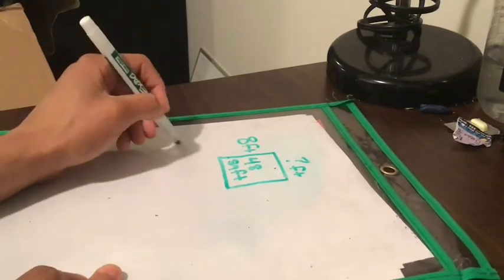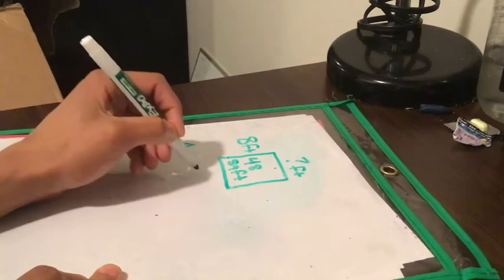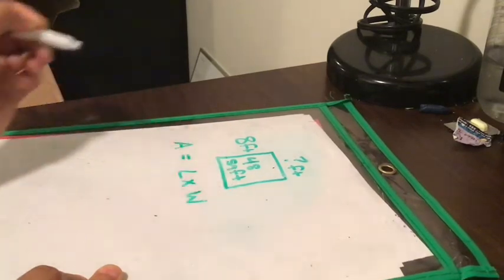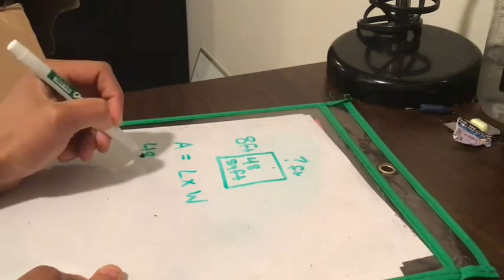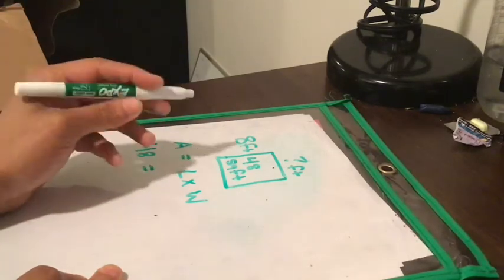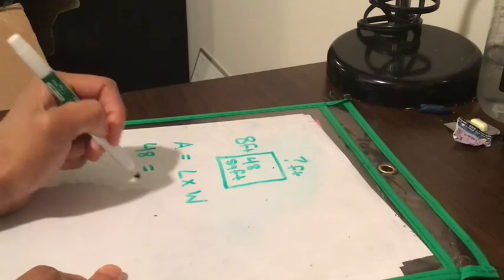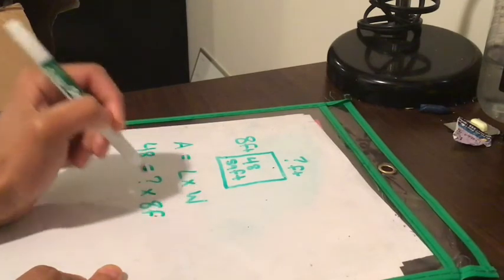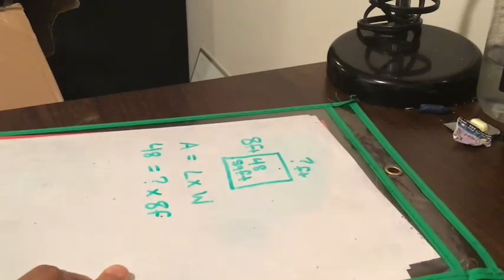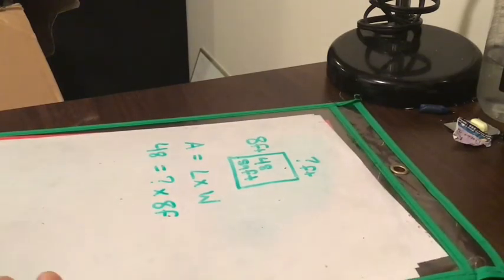So I can apply the formula area equals length times width. So I know the area is 48. I know that the width is 8, and I don't know what the length is. So I've set up my equation.